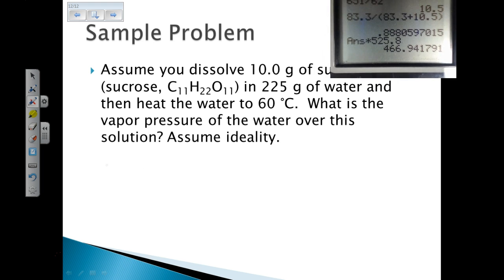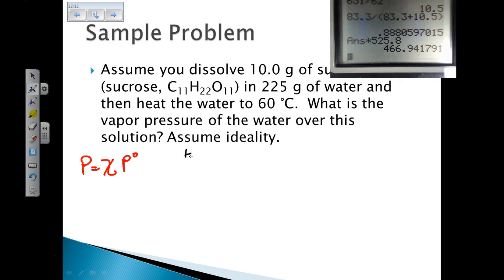Well, again, the new pressure is equal to the mole fraction times the vapor pressure of the pure liquid. So again, we have to do some conversions. We have to get these in moles. So we'll do water first.